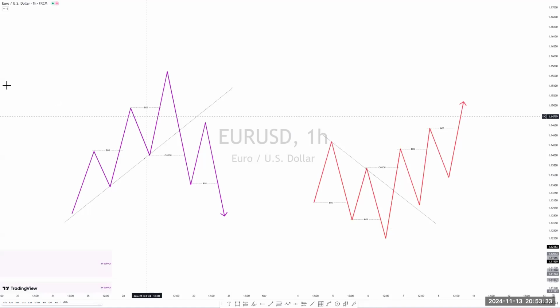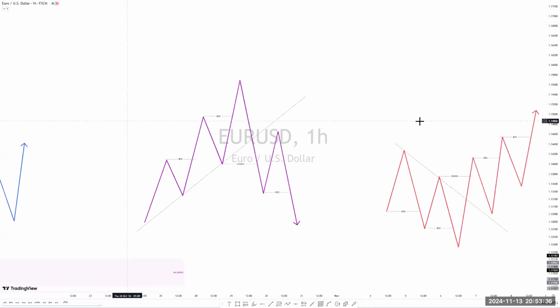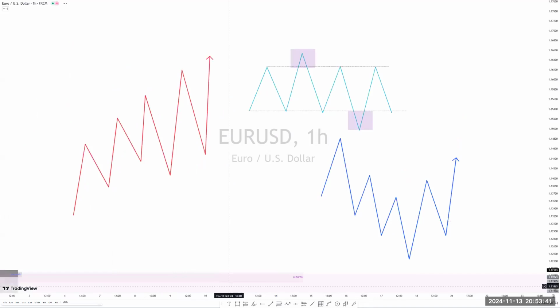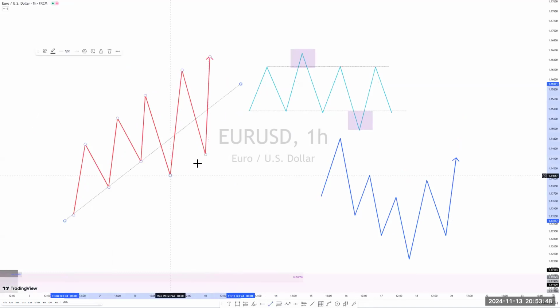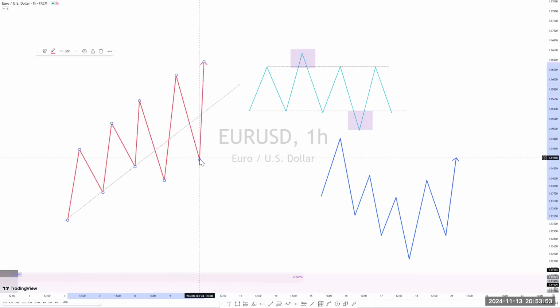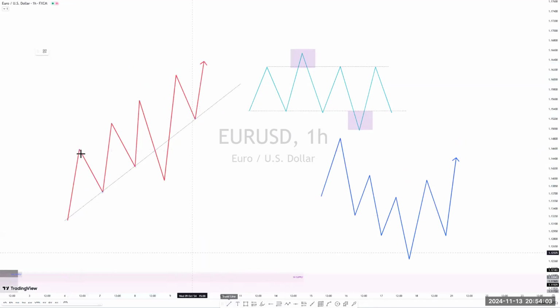Yes. All right. Now let's proceed to identify liquidity sweep. Now, we see price moving in an upward direction, and we have price breaking structure.